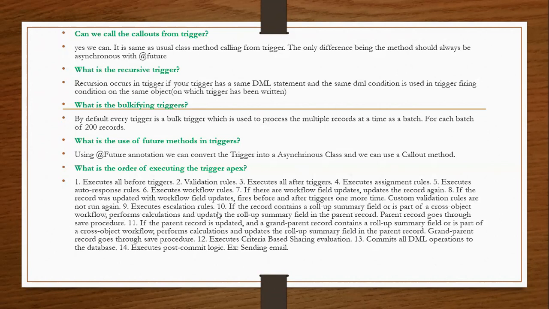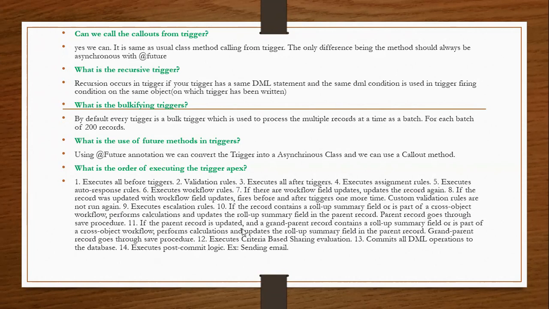Execute escalation rules. Next, if the records contain roll-up summary fields or are part of a cross-object workflow, perform the calculation and update the roll-up summary fields in the parent records. The parent records go through the save procedure.